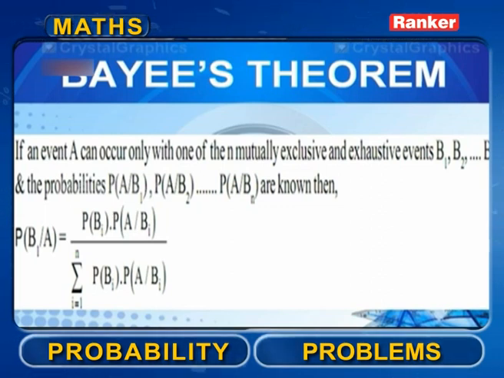And the probabilities P of A after B1, P of A after B2, and so on, P of A after Bn are known to us. You must know all of them. If you add all of them, you will be getting the sum of the probabilities.